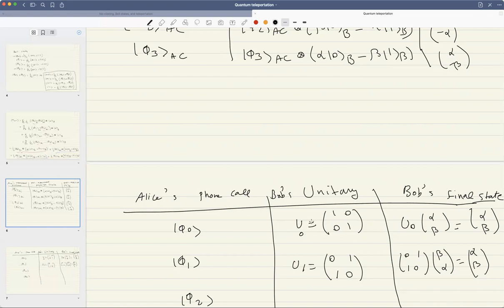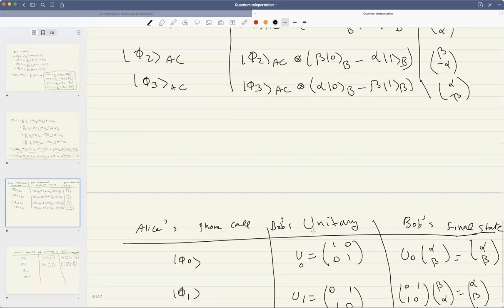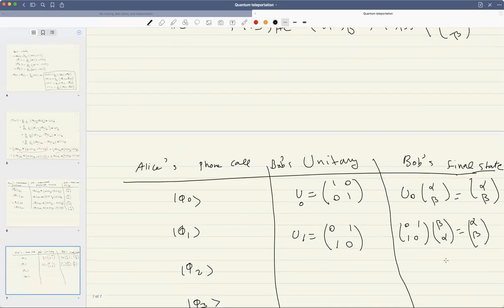So what if Bob's state, the next one, is beta minus alpha? Well, there's again another unitary operator that does it. So you put 0, 1, minus 1, and 0. And just apply that. So you transform the state you already have by a unitary operator you can create and apply to your qubits.